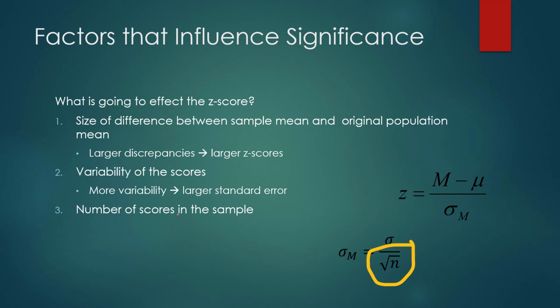So the number of scores in the sample is also going to affect our z-score. The larger the sample size, the smaller the standard error, because the larger this denominator is, the smaller this number is going to be. Again, if you understand the parts of the formula and you understand mathematically what happens, it helps you understand conceptually what's going to influence that z-score without having to memorize it.